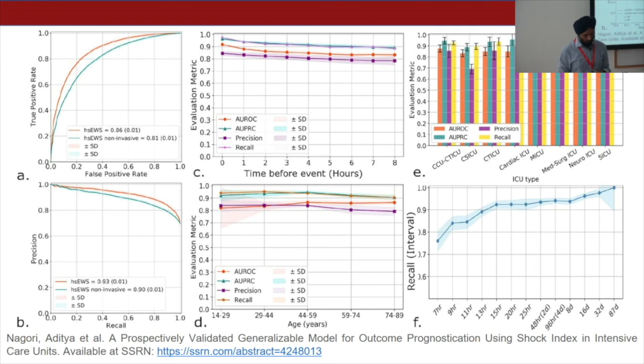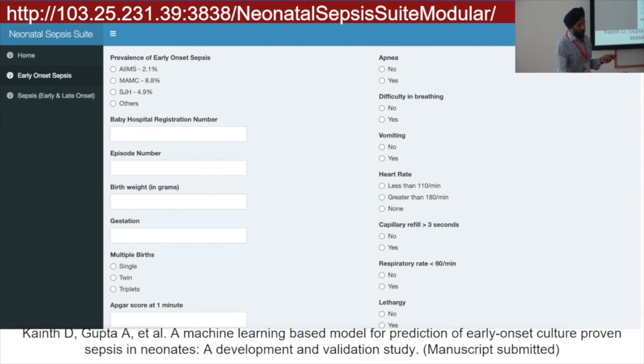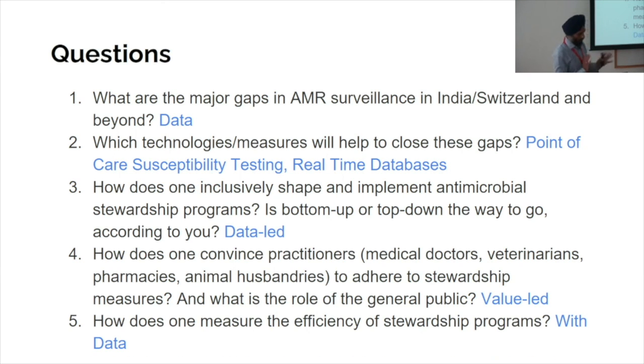Again, we need to learn more from the Indian settings in this case. These apps are also deployed. This is an app that is available online for neonatal sepsis, for early onset sepsis. And again, we showed in this manuscript how much prevention there is in terms of antibiotic usage if we have early warning signals. So, questions?